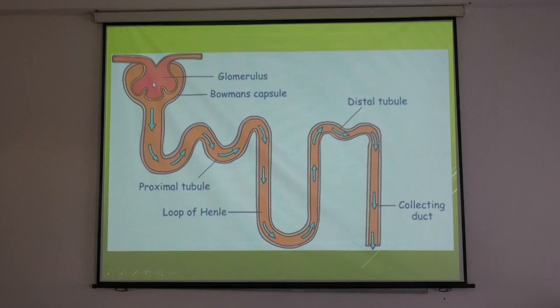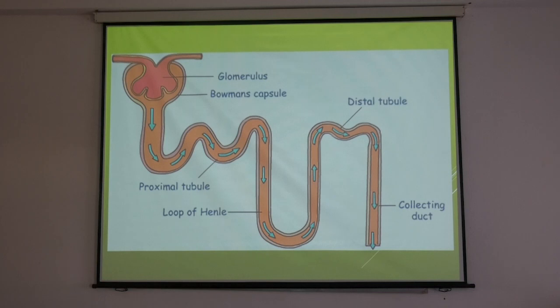So it is getting filtered. So what are the things that will come inside this part? Glomerular filtrate. So what are the constituents that will be coming out? You cannot say this is plasma.